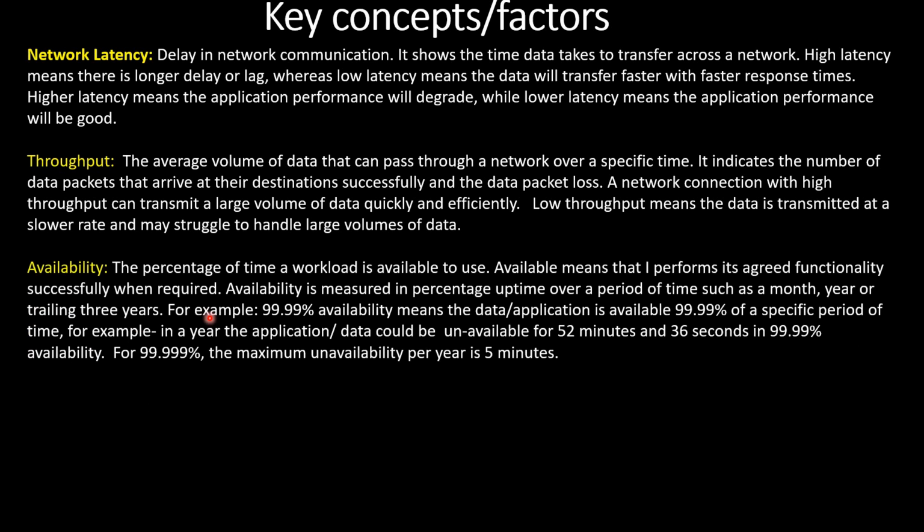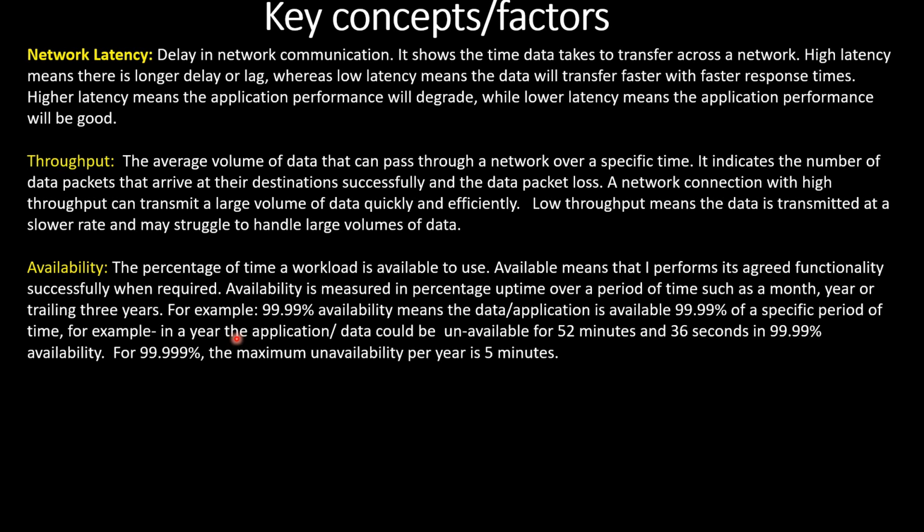Then the next concept is availability. Availability is the percentage of time a workload is available for use. Available means that it performs its agreed functionality successfully when required. Availability is measured in percentage uptime over a period of time such as a month, a year, or a trailing 3 years. For example, 99.9% availability means that the data or application is available 99.9% of a specific period of time.